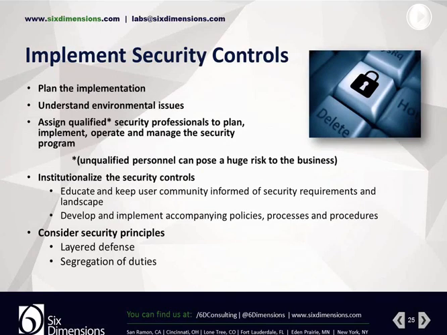But once we do that, we plan the implementation of these security controls, or we improve the implementation of existing security controls. Understand your environmental issues. There may be things that are imposed upon you that might prevent you from actually using that particular security control. So do what's most appropriate for your organization.